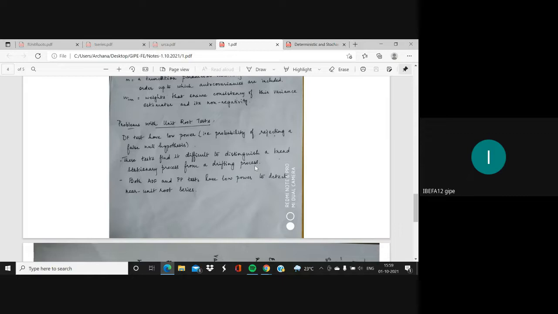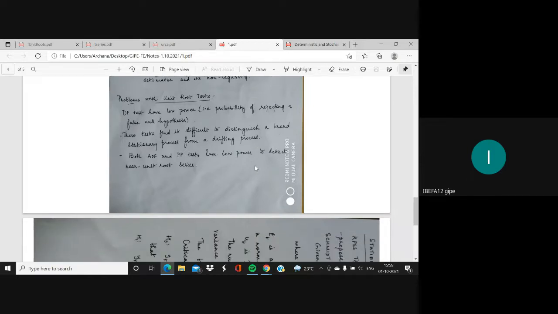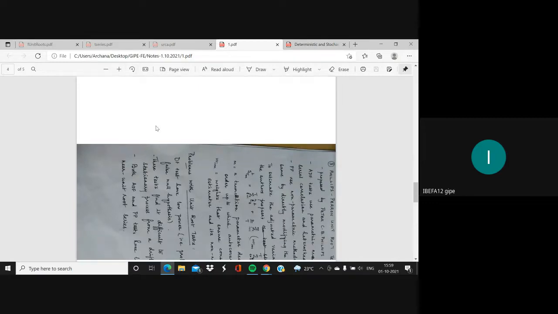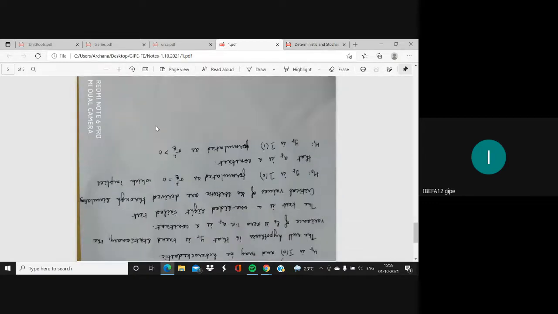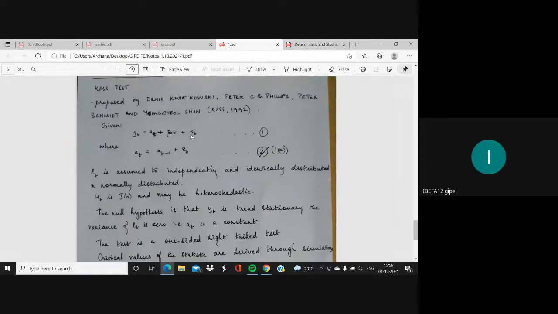Because of this problem, other tests were proposed over a period of time, and the most popular of these is known as the KPSS test. KPSS derives its name from the authors who proposed the test.